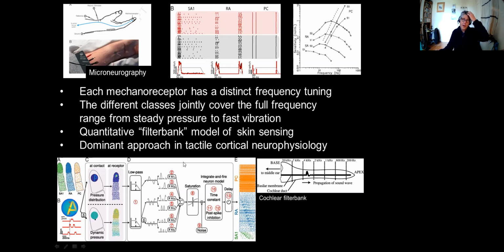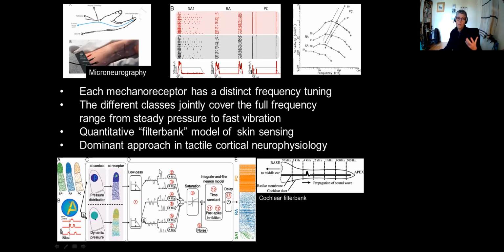And some beautiful work by Saal and Bensmaia produces quantitative models of the different kinds of slowly adapting, rapidly adapting, and PC afferents, simulates stimuli that are pressed against the skin, and uses transfer functions and integrate-and-fire neural models to predict what a given stimulus is actually going to produce in terms of electrical impulses sent from the skin to the brain.